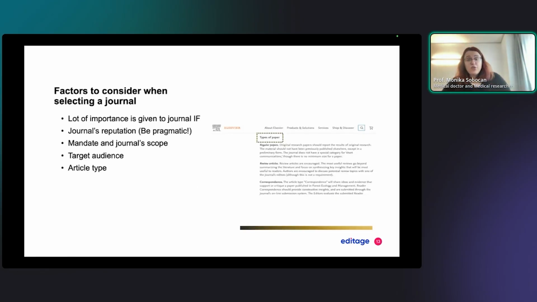Then, as said before, think about the types of papers that can be published. If your paper does not fit in any of the types that can be published or needs a lot of work in order to have it published, consider: is the work worth it?